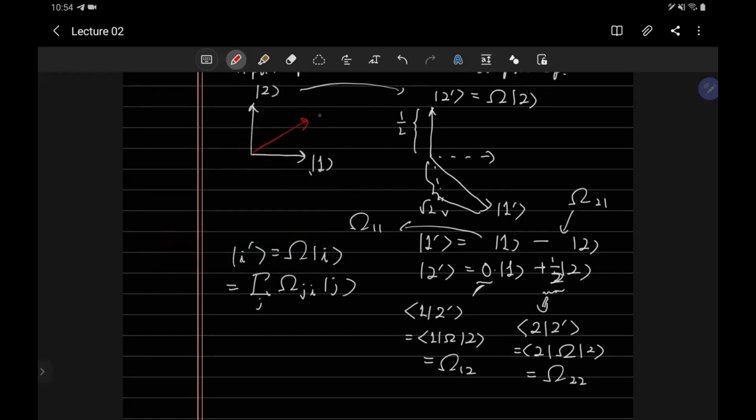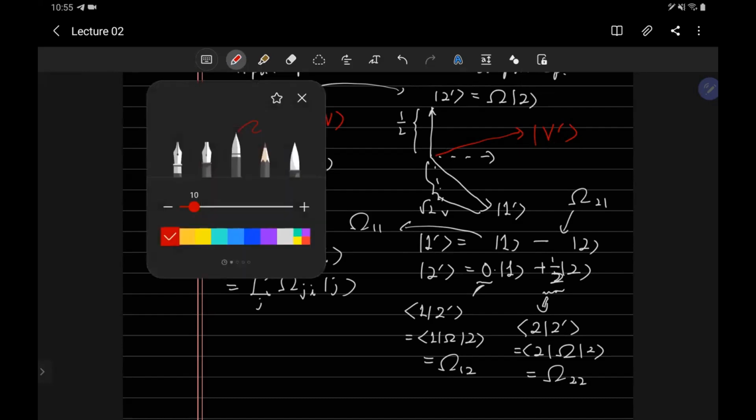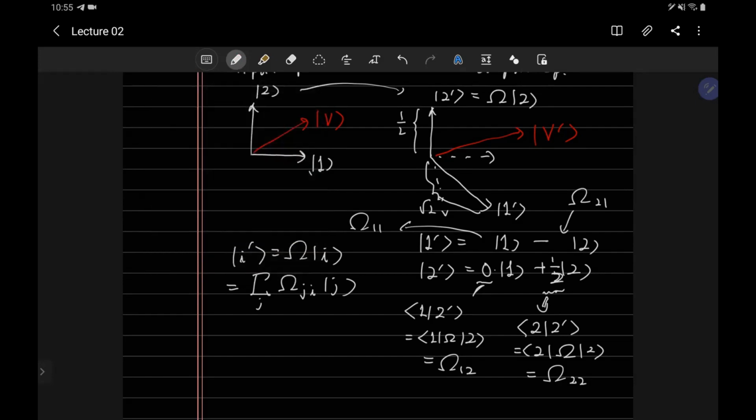Any arbitrary vector in the original space will be mapped to a new vector, and the question is, is there any relation between the input vector and the output vector, and can we simplify the relation between these two vectors? And the answer is yes. Let's see how we can find such a relation.